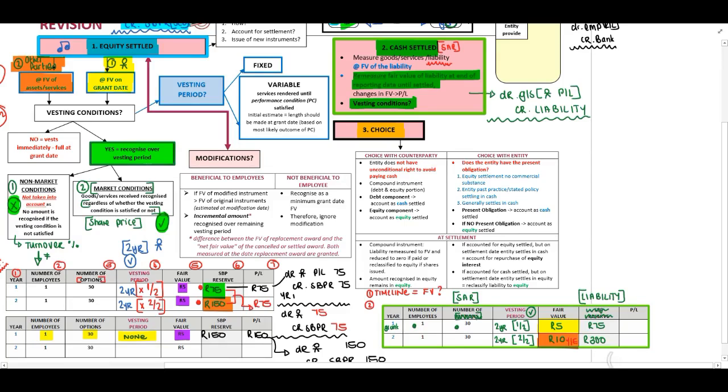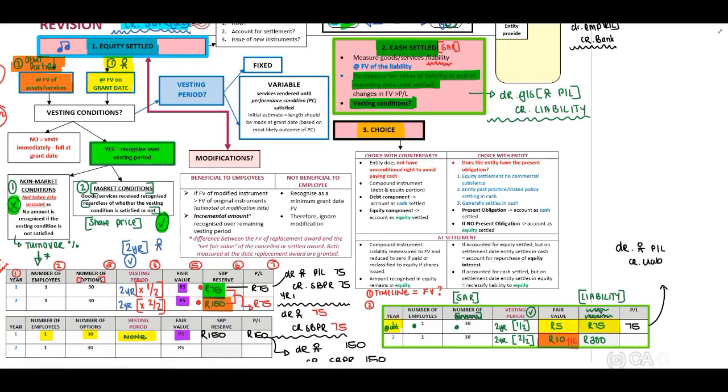Now, when you perform your calculations, you will be able to identify on grant date that our total liability is 75 Rand. Therefore, in our profit and loss, we will recognize 75 Rand and we will have to debit our employee costs, profit and loss, and credit the liability cash settled, or a share-based liability if they refer to cash.